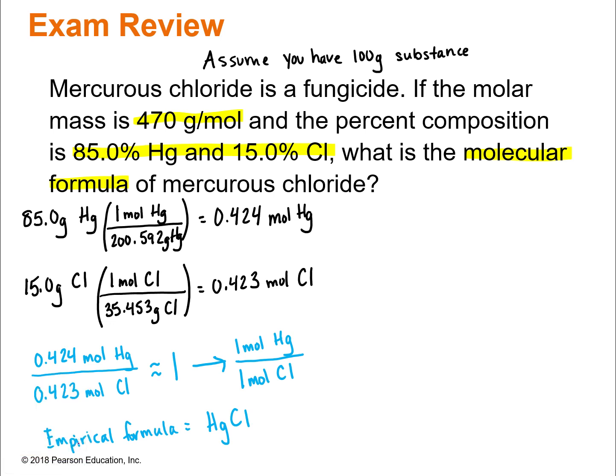Not done yet. We now need to figure out the molar mass of our empirical formula. You add together the 200 some odd grams plus the 35 some odd grams to get about 236 grams per mole.